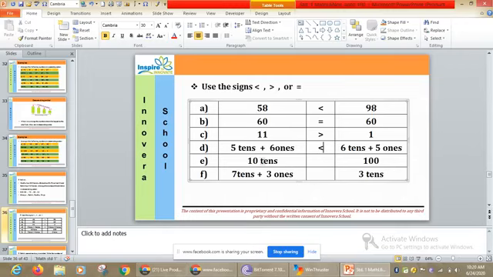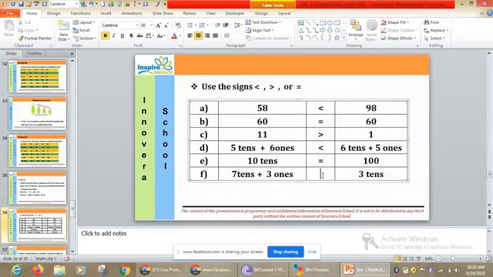Next, 10 tens and 100. So 10 tens means how many? 10 tens is 100 and 100. So the numbers are same and they are equal. So this is called equal to.